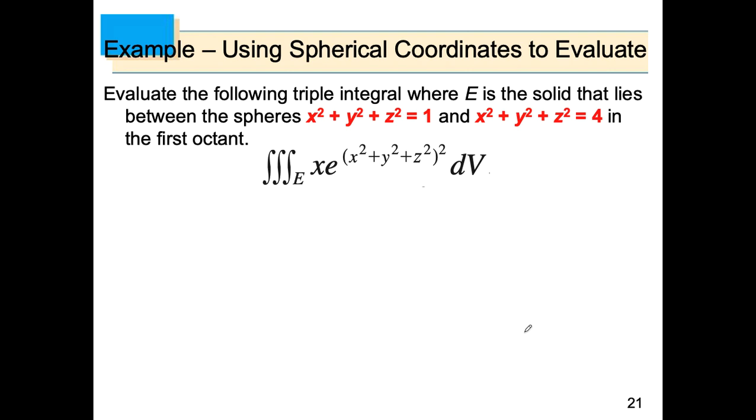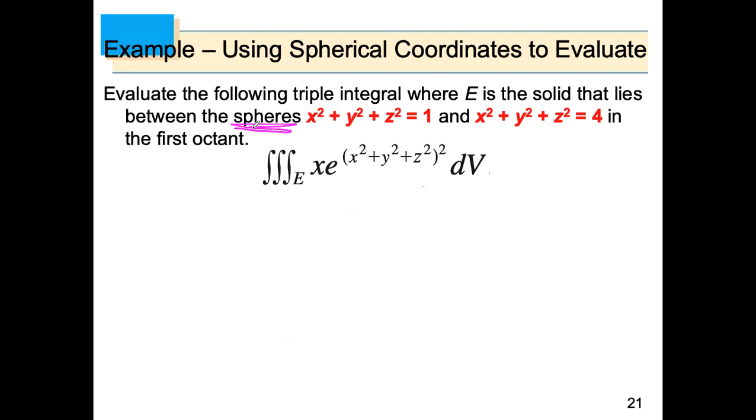I would let you do whatever you wanted to. But the key is that whenever you are bounded in a region of integration where they talk about spheres, typically you're going to use spherical coordinates.